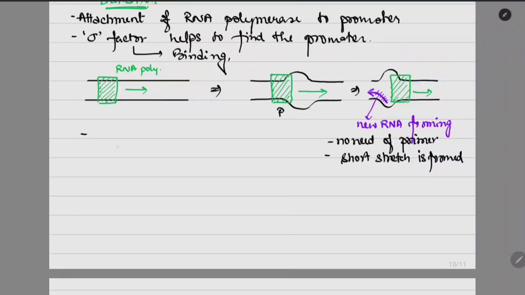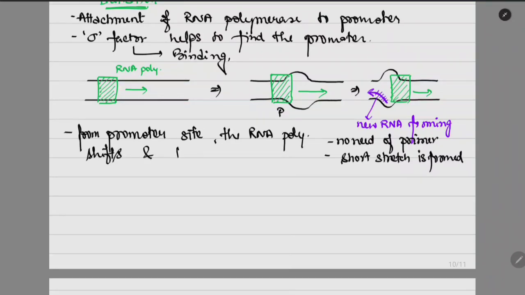Another point is that from the promoter site the polymerase shifts and the formation of the new RNA strand takes place. Okay. Now the next point is the elongation.